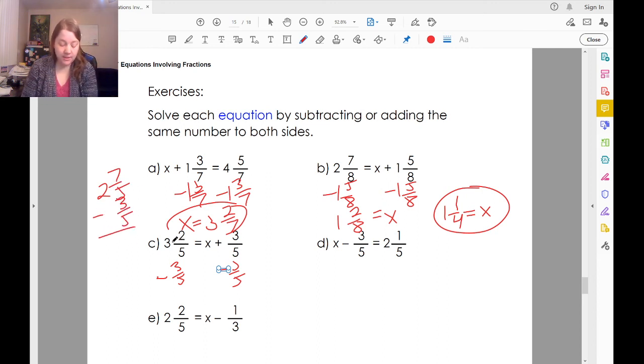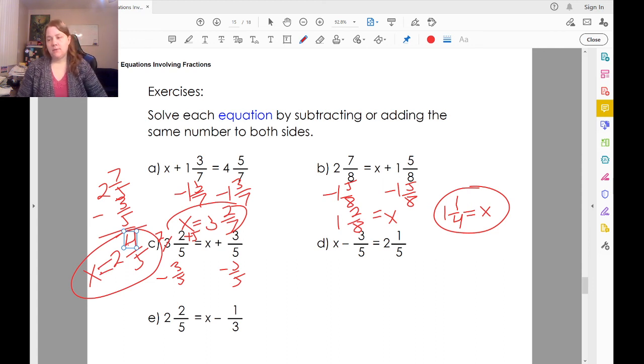If you're wondering what I did there, remember I take the 3 and I take 1 away from it, and then I add how many makes a whole onto this fraction. 7/5 minus 3/5 is 4/5, and 2 is just 2. So our answer is x equals 2 4/5.